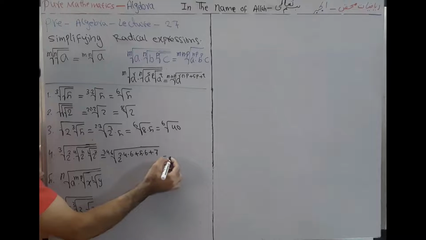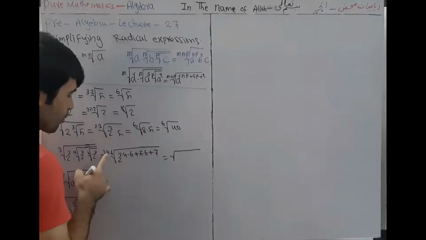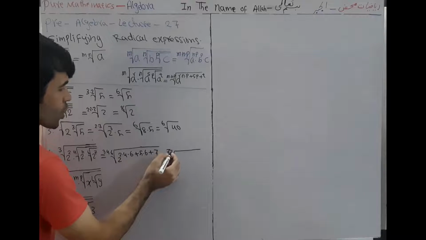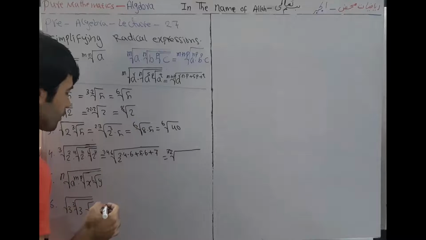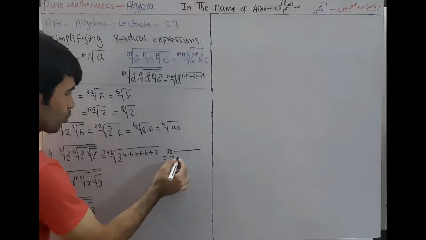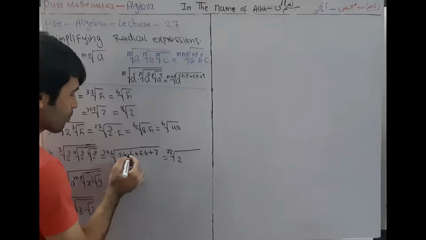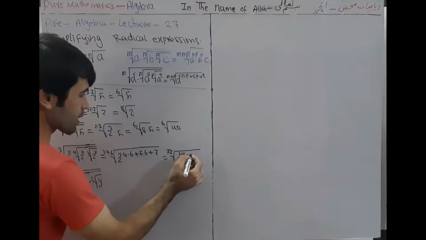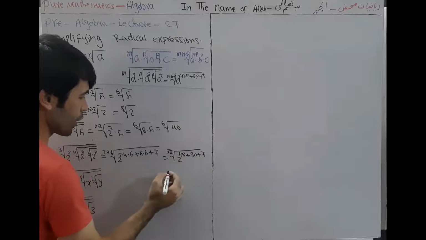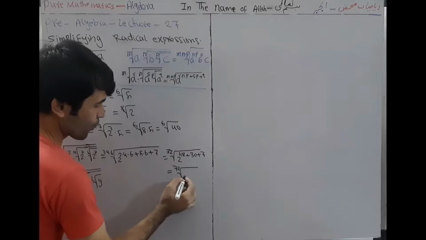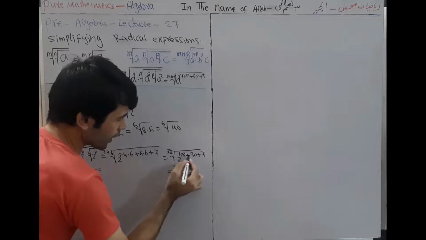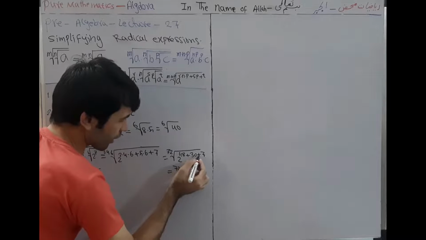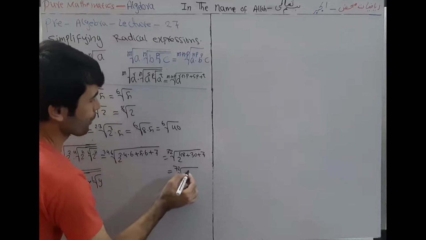It is equal to 3 multiplied by 4, 12. 12 multiplied by 6, 72. To the power 2 multiplied by 4, 8. 8 multiplied by 6, 48. Plus 5 multiplied by 6, 30. Plus 7. It is equal to 72 root of, to the power 78. 78 plus 7, 85.